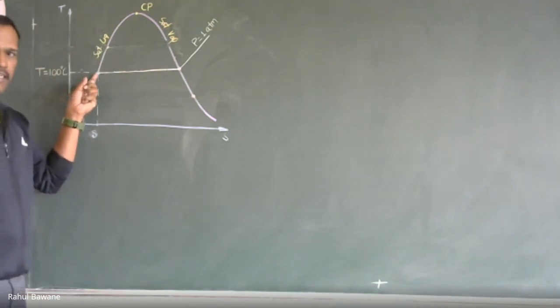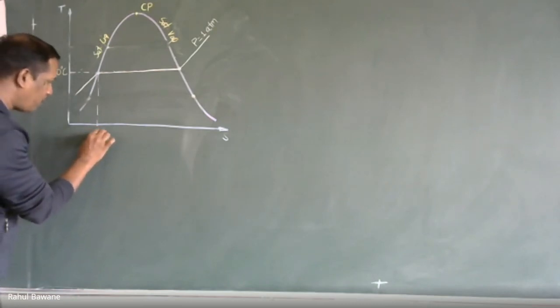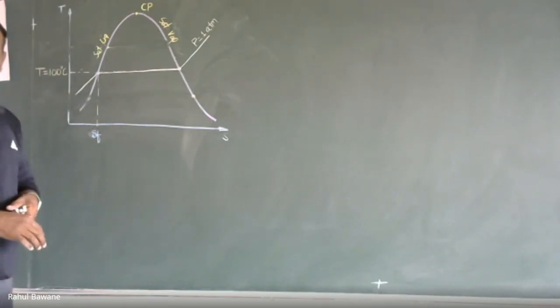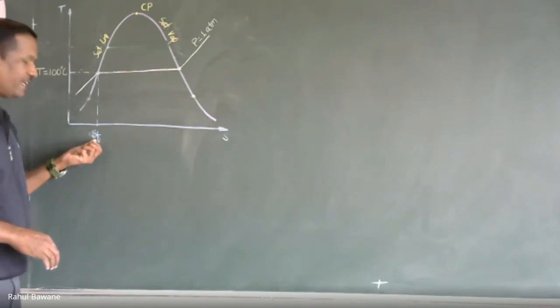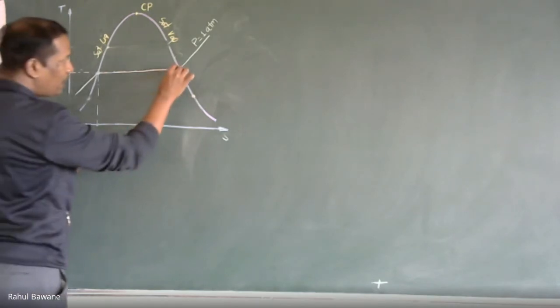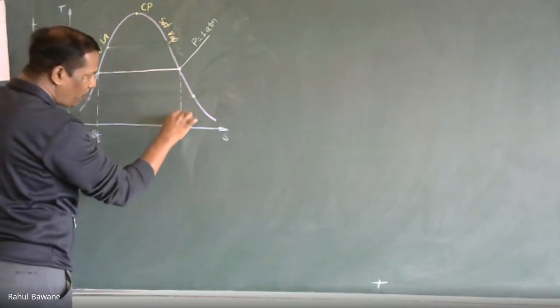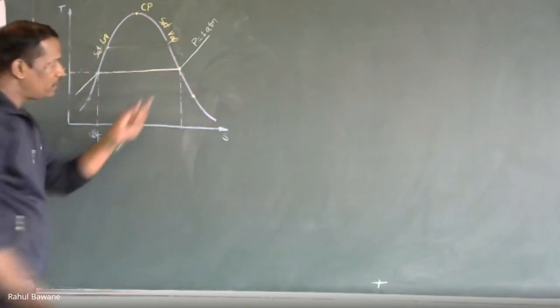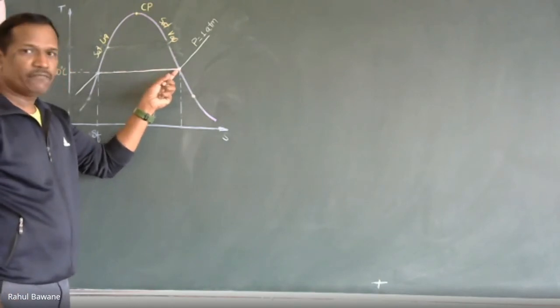Now at this point, it is completely in liquid form. So we can say specific entropy of fluid, liquid, but it is given a suffix f. When we are plotting specific entropy at this point, the pure substance, water, is completely in vapor form.